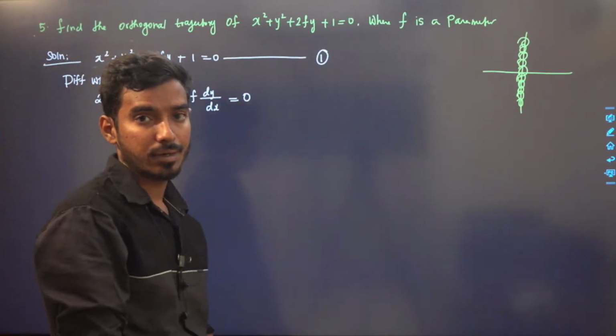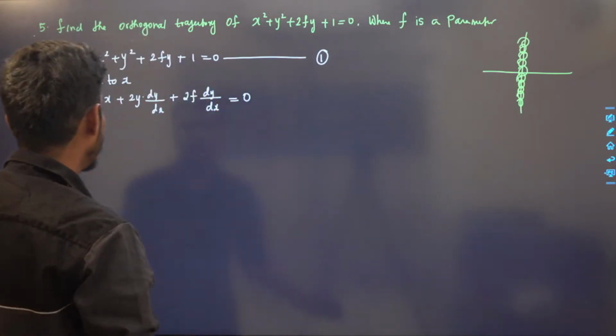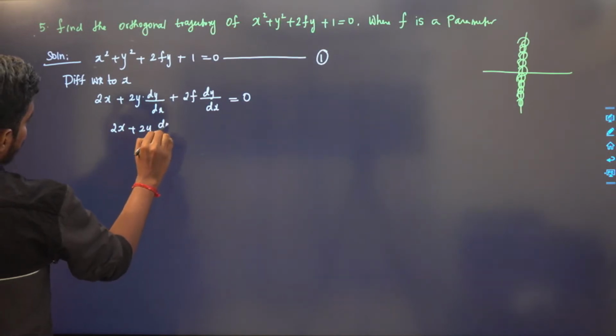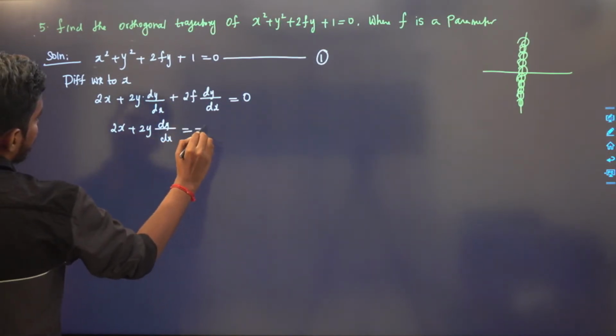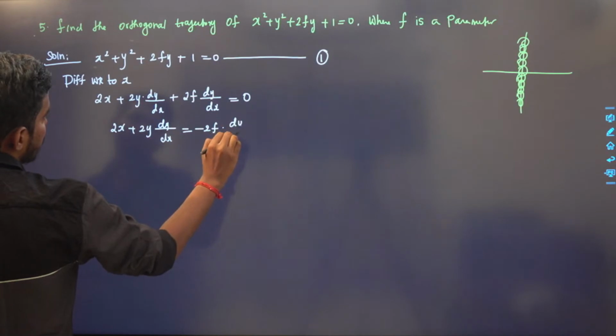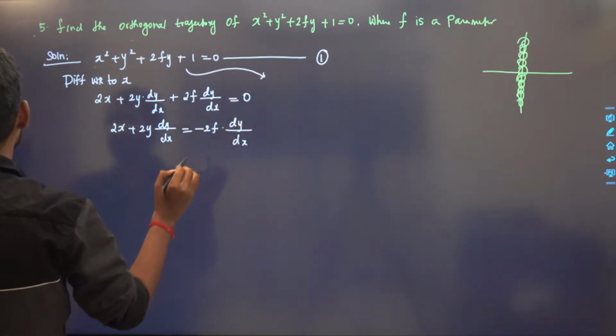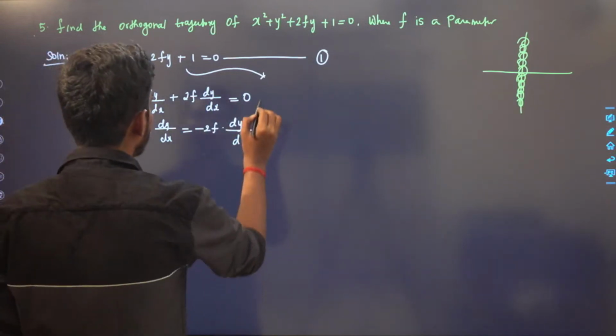We need to eliminate parameter f now. So we have 2x plus 2y dy by dx is equal to minus 2f dy by dx. So we will find the value of minus 2f.